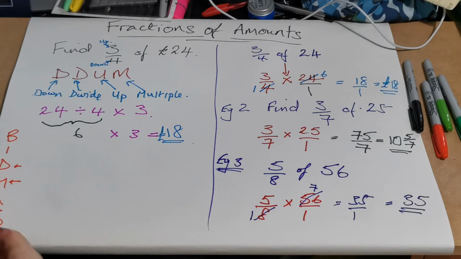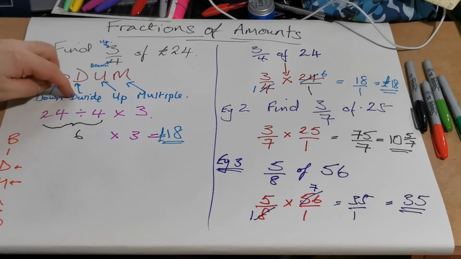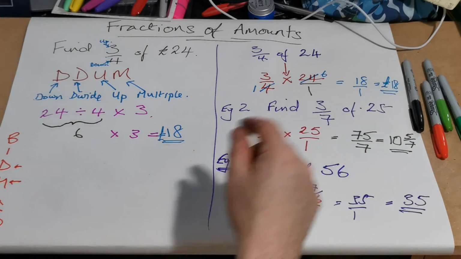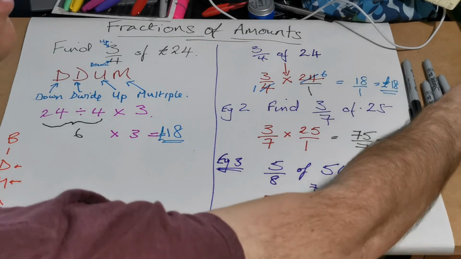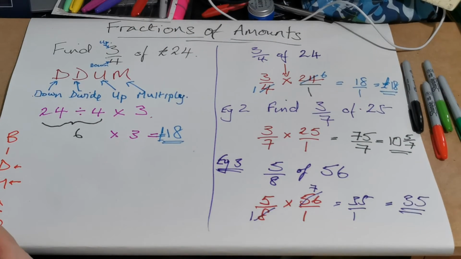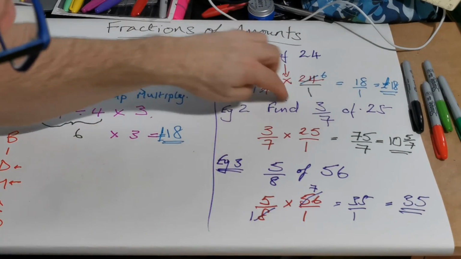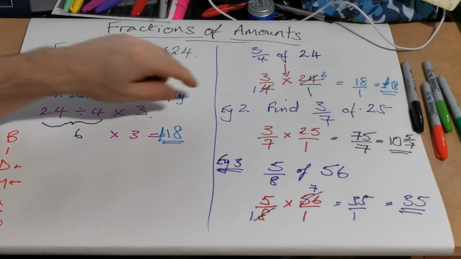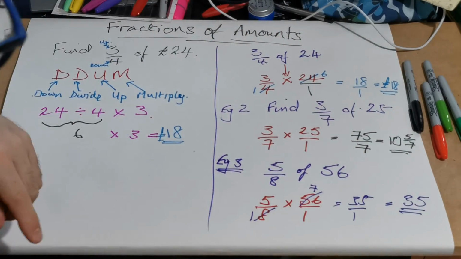So it's really up to you how you want to deal with it. DDUM, down, divide, up, multiply, I think is a solid starting point if you find this tricky. But if you're good at fractions and you're confident with timesing and you're confident with cancelling, this can be a so much more powerful method.